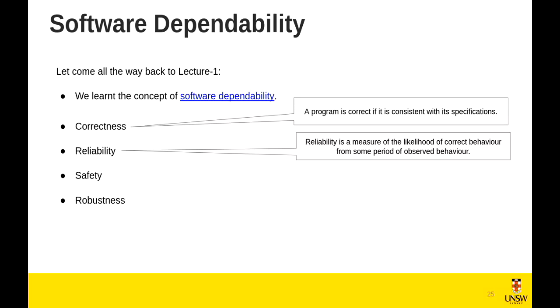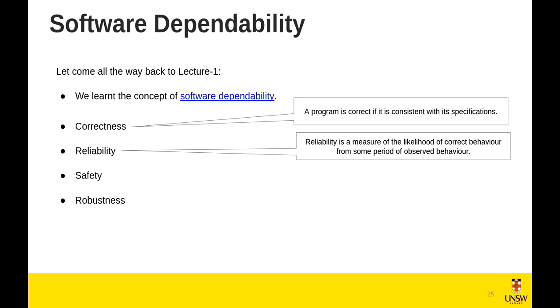So we have the second concept, reliability. Reliability measures the correctness of the program during some period of time. If during this period of time the program doesn't run into a problem, then we can say that this program is reliable. Correctness and reliability both talk about the occurrences of bugs or issues, but they don't care about the severity of issues.